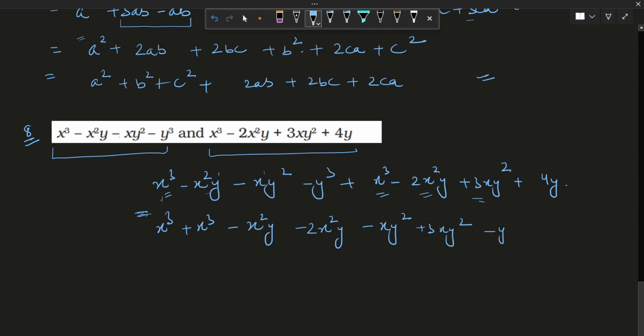Minus y cube, no like term for y cube, and plus 4y, no like term for that also. So x cube, 1 plus 1 will add up to 2, minus 1 minus 2 will be minus 3x square y, minus 1 plus 3 will be plus 2xy square, and minus y cube plus 4y.